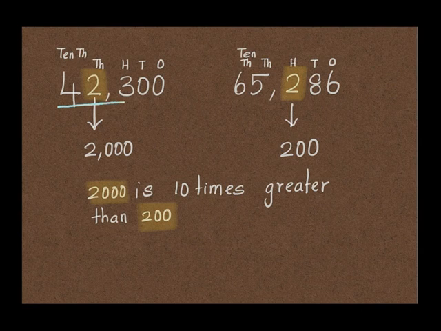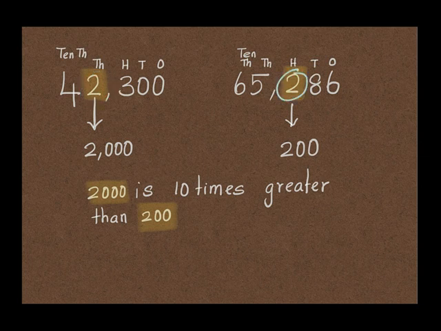Okay, so 42,300. The 2 in the thousands place. And if you see here, 65,286, this 2 is in the hundreds place. So the 2 in the thousands place makes 2,000.